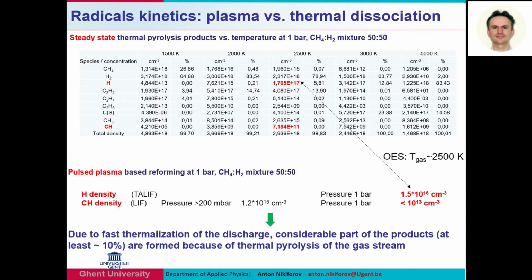So yes, heating is important, and heating partially runs the pyrolysis of methane, but it's not that we pyrolyze all the methane because of that heat. So there are two electron-driven processes, the electron impact process and vibrationally excited processes, which lead to the formation of valuable products.